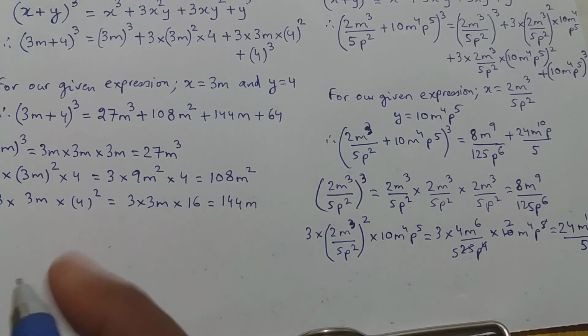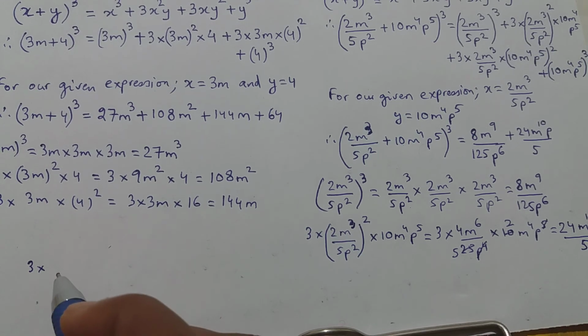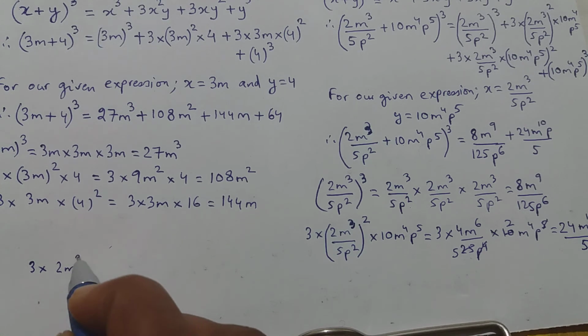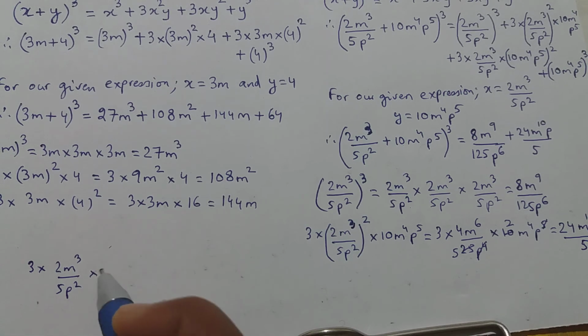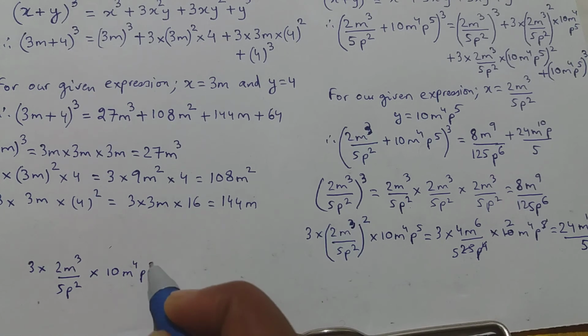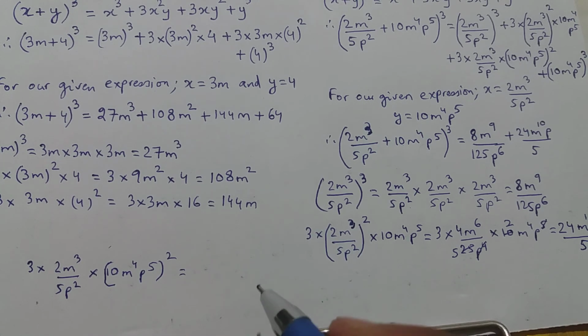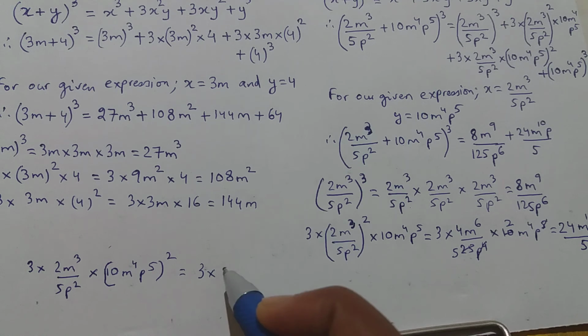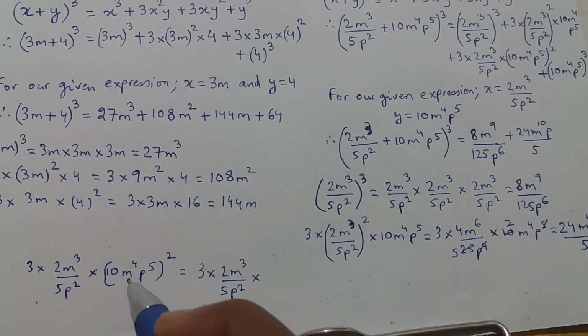So we are having 3 into 2m cube upon 5p square into (10 m to the power 4 p to the power 5) whole square. So that is equal to 3 into 2m cube upon 5p square into, now (10 m to the power 4 p to the power 5) whole square.